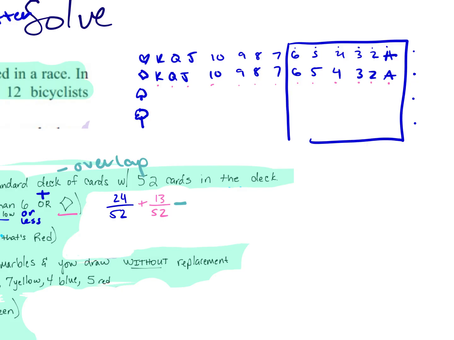Cards that are less than 6 and diamonds. So our overlap would be 6 over 52. So then when we add 24 plus 13, we get 37 minus 6, 31 over 52.